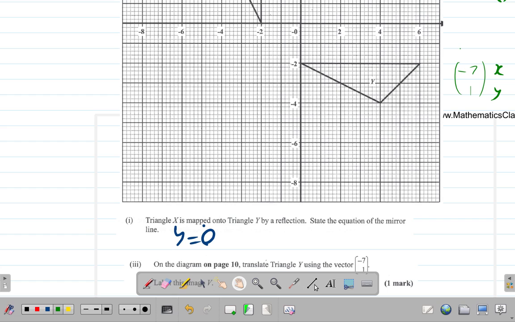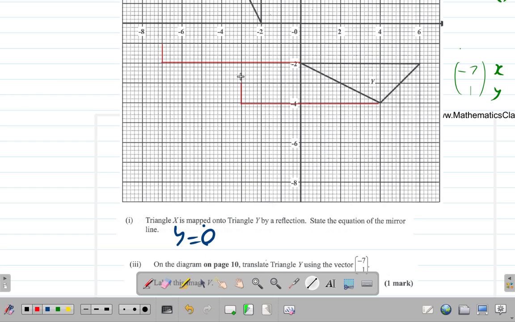So basically, what happens is this. You have -7. This point goes 1, 2, 3, 4, 5, 6, 7, and then it goes up 1. So here now, this goes 1, 2, 3, 4, 5, 6, 7 to the left, and 1 up.